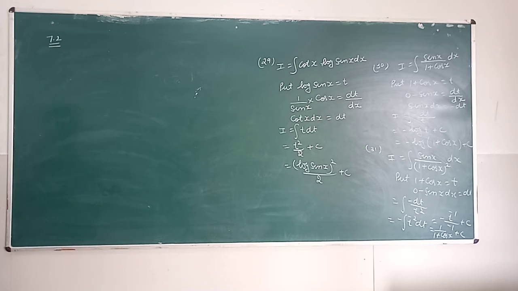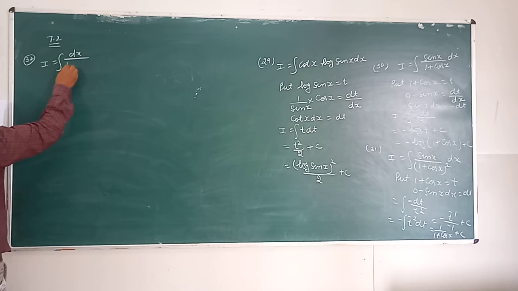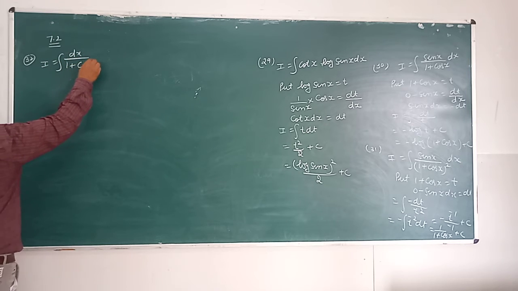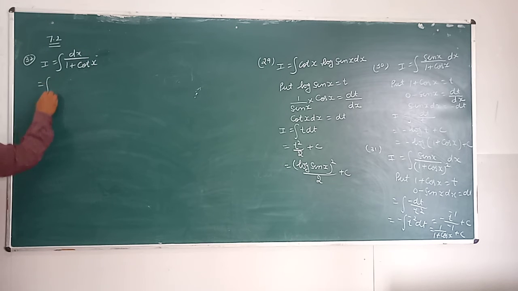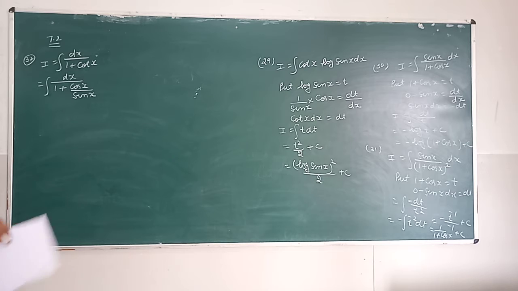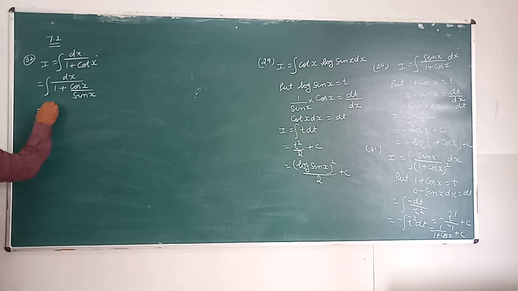In question number 32, the statement is I is equal to dx upon 1 plus cot x. In this question, first we write cot in terms of cos and sin. As we know, cot x is equal to cos x upon sin x.